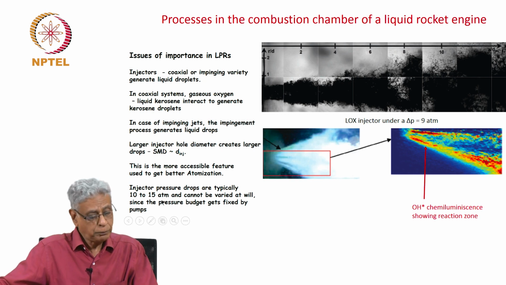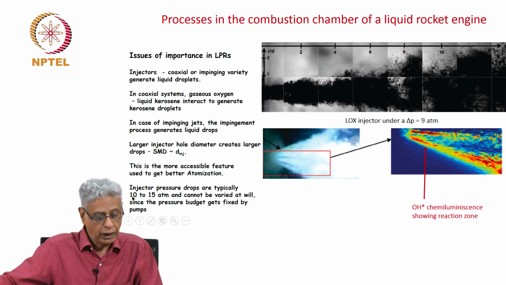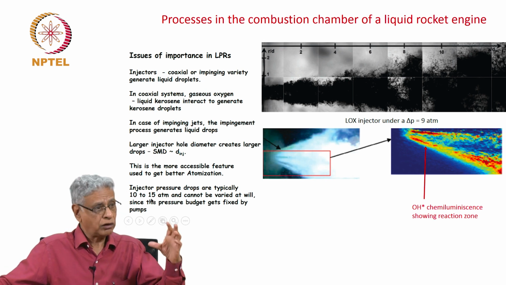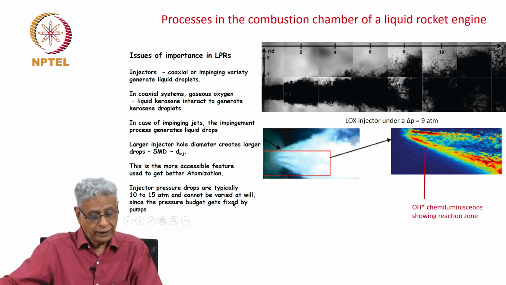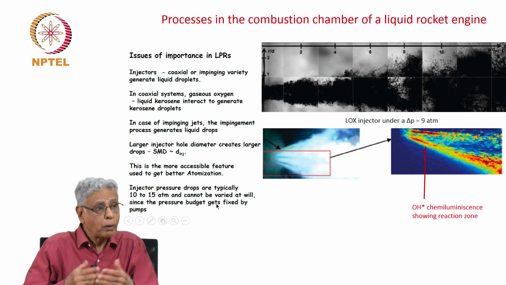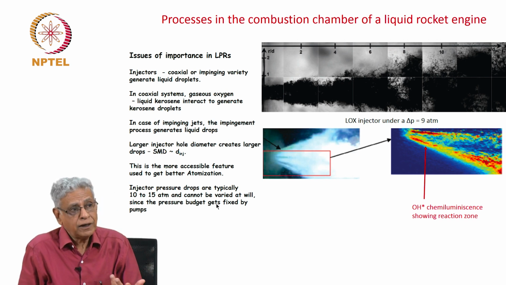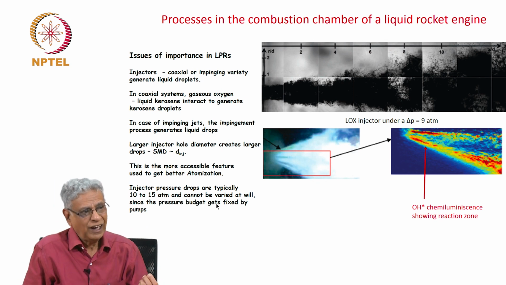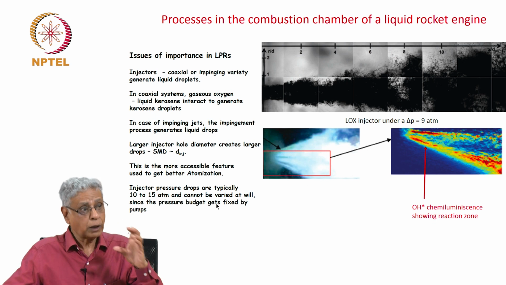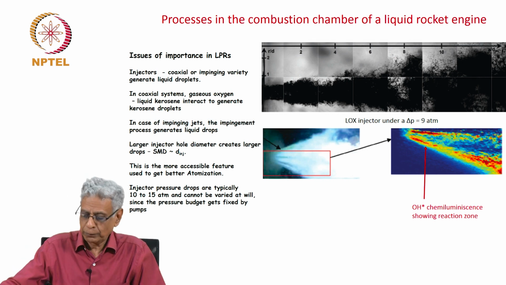Injector pressure drops are typically 10 to 15 atmospheres across the injector and cannot be varied at will since they get fixed by the pumps. What I mean by that is you can't arbitrarily demand, like in a diesel engine, you remember several thousand bars, but here you can't do it because it means that the pumps have to build up their pressure. So, the injector pressure drops are limited because of that.